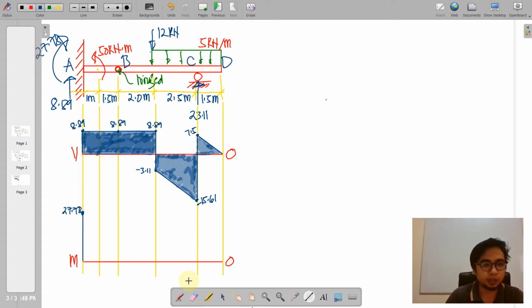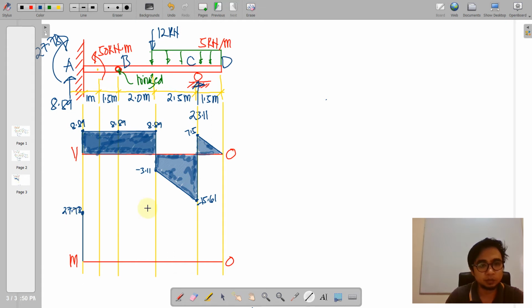So we have 27.78, and then from that we are going to add this positive area here. The base of this rectangular section is 2 plus 1.5 plus 1, that is equal to 4.5. So 4.5 times 8.89 is actually 40. So 40 will be added to 27.78.